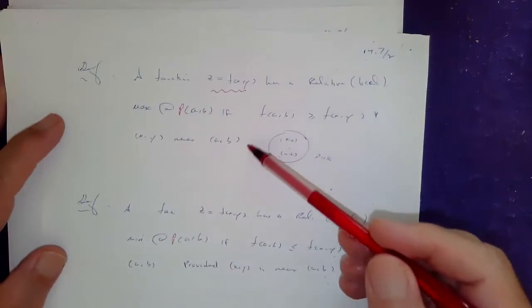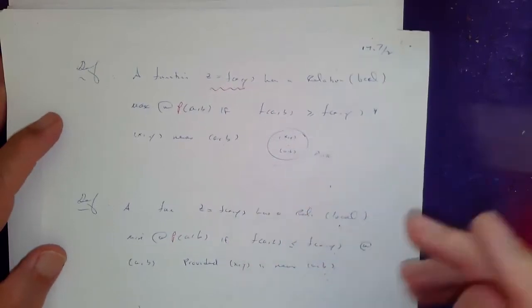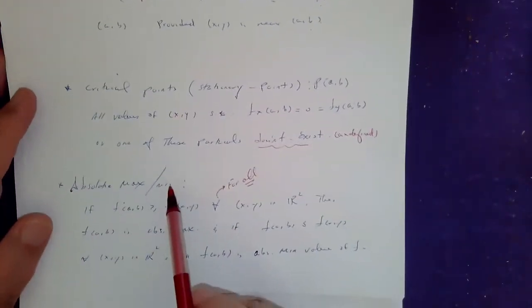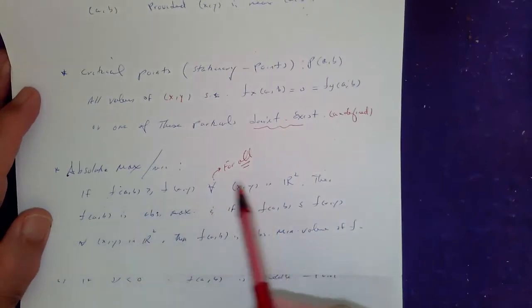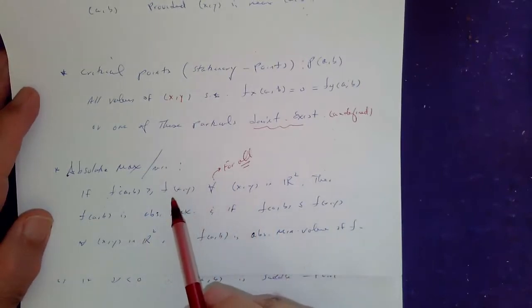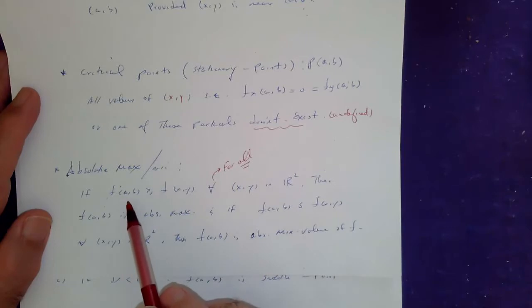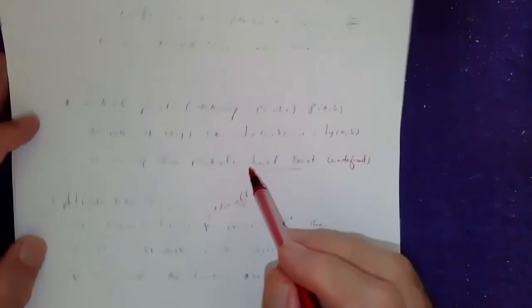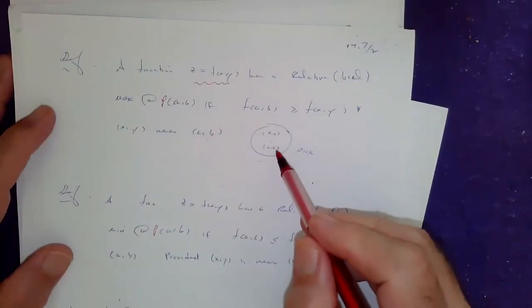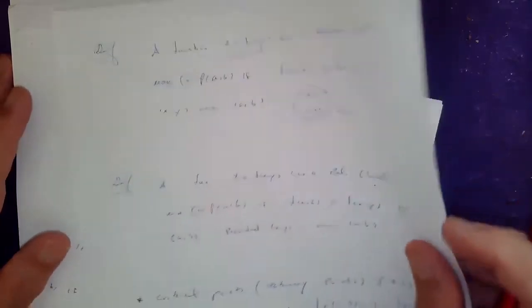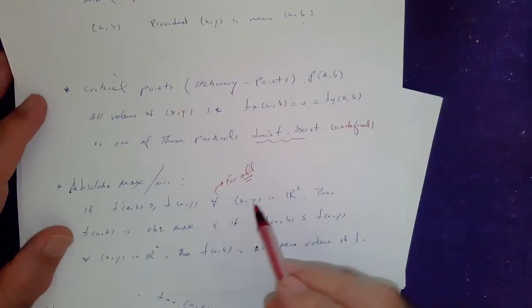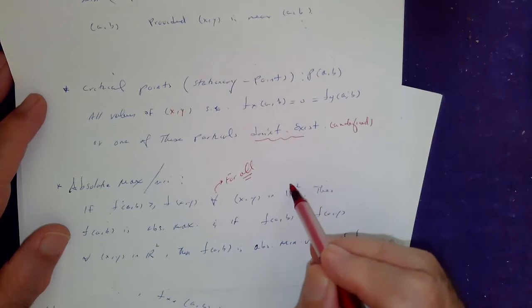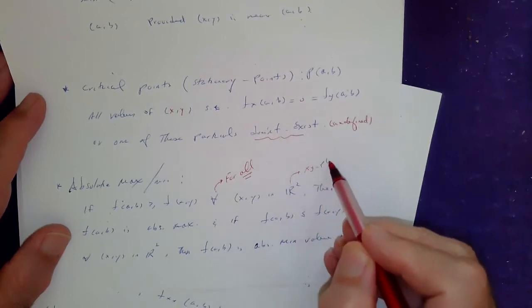So in other words, we can go back and what? Convert these formal definitions for relative max or min to absolute max or min. How? In order to say the function has an absolute maximum, f of a, b has to be greater than or equal to f of x, y, not for any ordered pair near a, b, but for all ordered pairs in R2, which means on the xy plane.